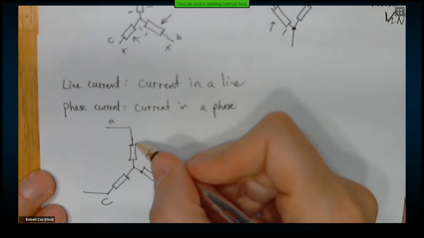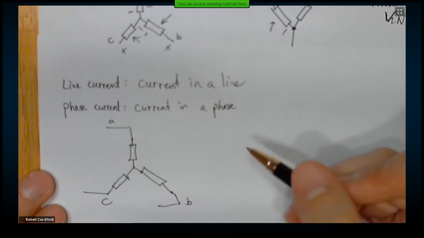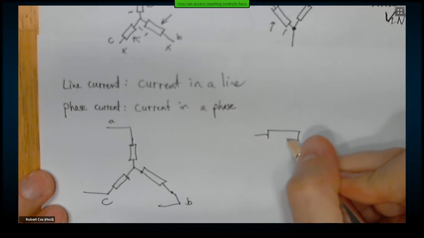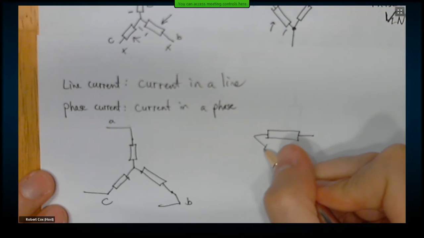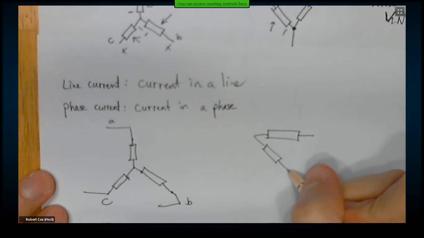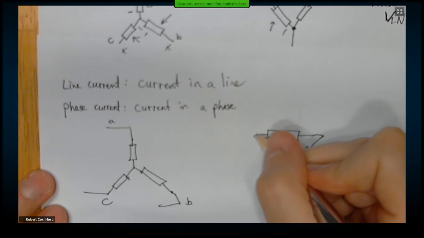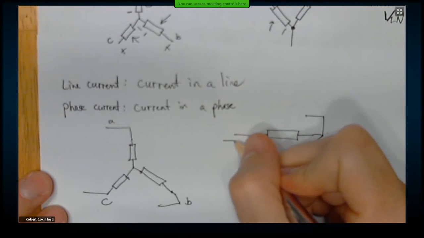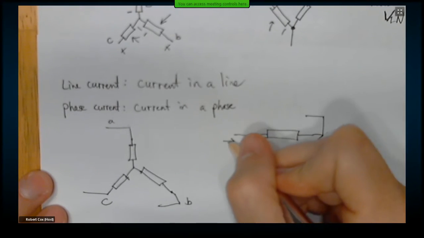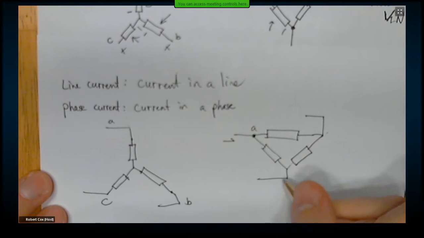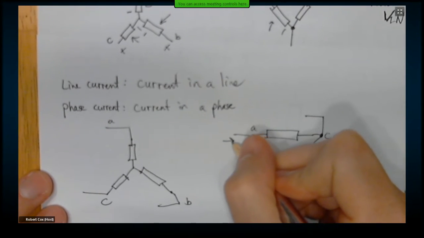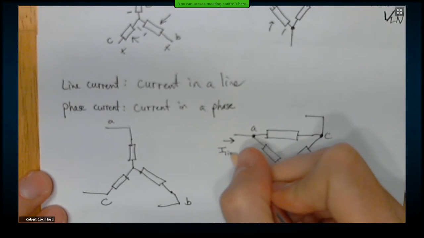In this case, the current in each phase and the current in each line is the same. If I looked at a delta, let's call this A, let's call this B, and let's call this C. This current here would be I line.